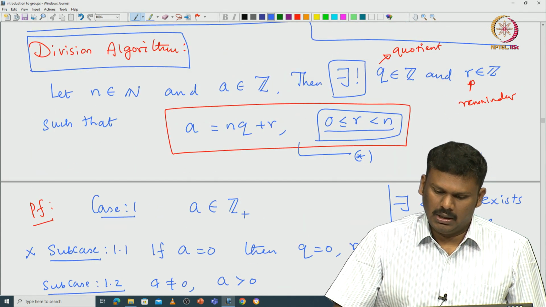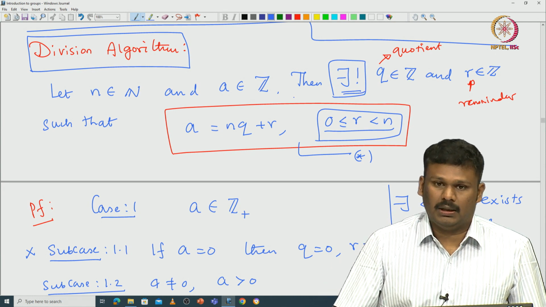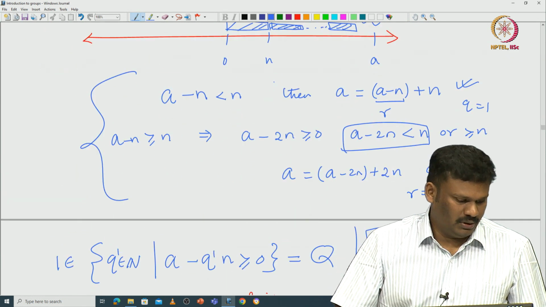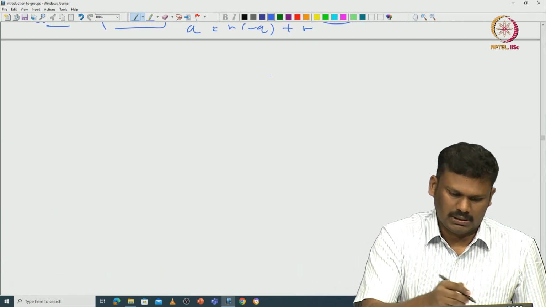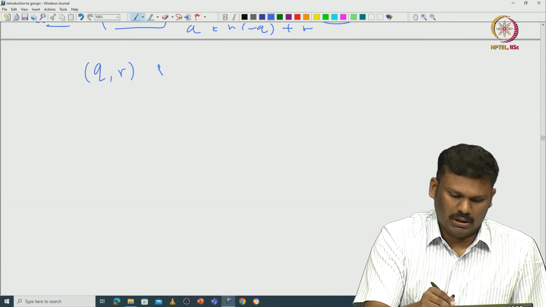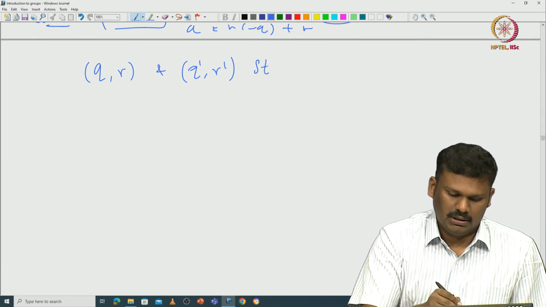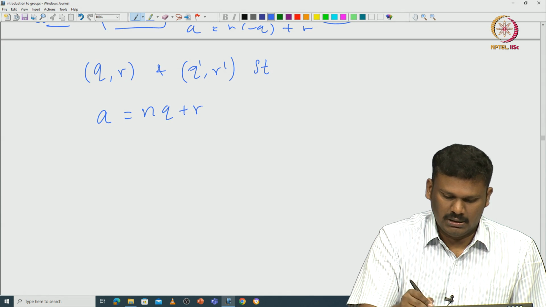Now, in this case we need to prove the uniqueness. Let us see how one can prove the uniqueness, and then I will stop. Let us say you have two tuples q, r and q dash, r dash, such that the same equation holds: n q plus r, and similarly n q dash plus r dash.